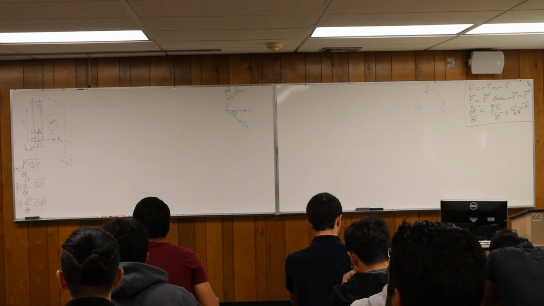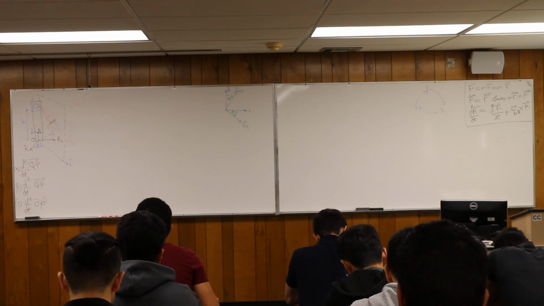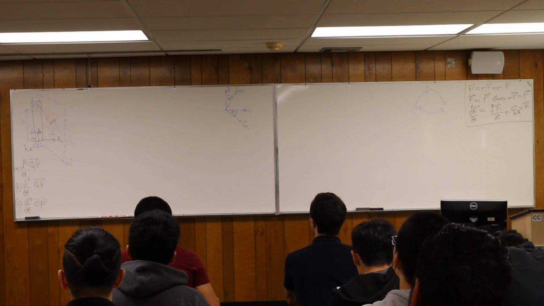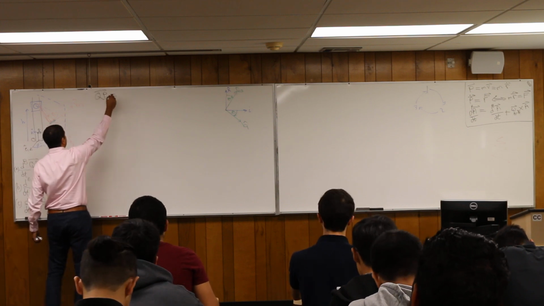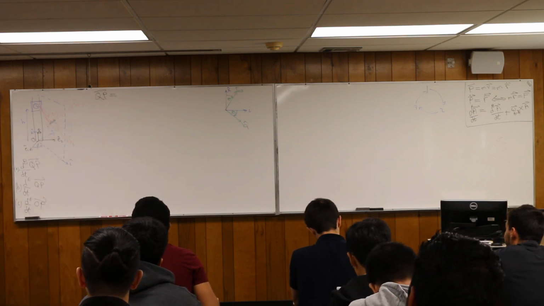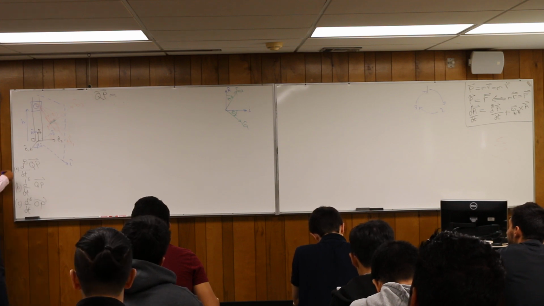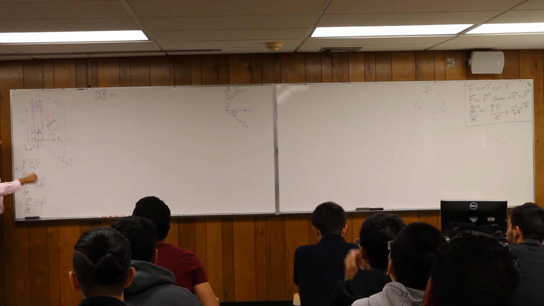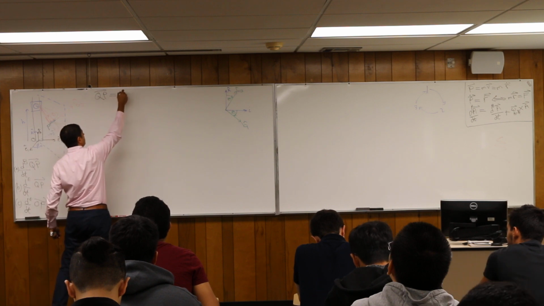So let's go ahead. We want to differentiate the vector QP with respect to time in the body frame. First, let's write the vector QP. So what is QP? Anybody can tell me what QP is? R, we have 1/2. So QP is R in what direction? B1 direction.